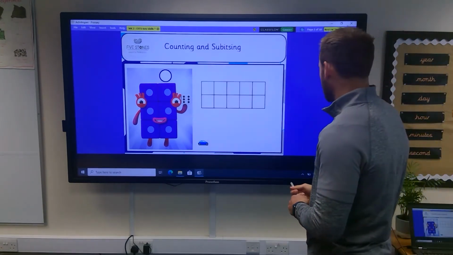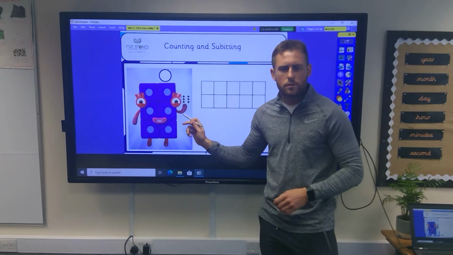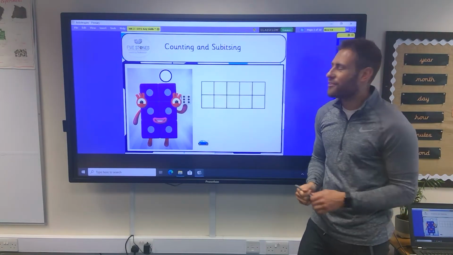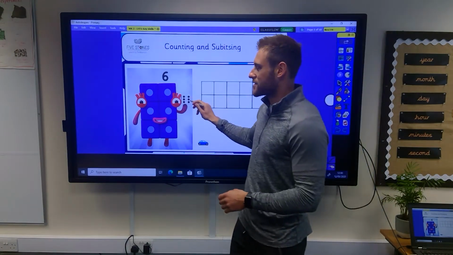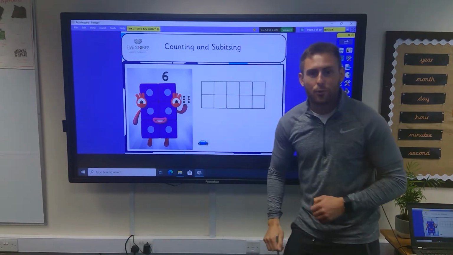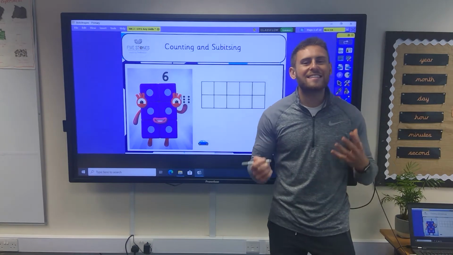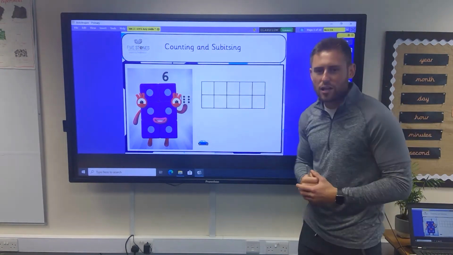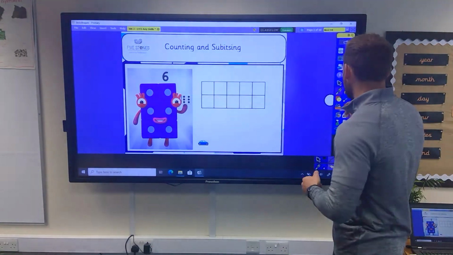Now, who can remember who this character was? What number was this character? Yes, it's exactly the same character we've looked at. It is number 6 again. Remember, 6 dots on the die, 6 eyelashes, and 6 blocks. But this time I need you to show me in my tens frame that I have 6 cars. I'm lucky I've got 6 cars. Can you help me count 6 cars using my tens frame? Ready?